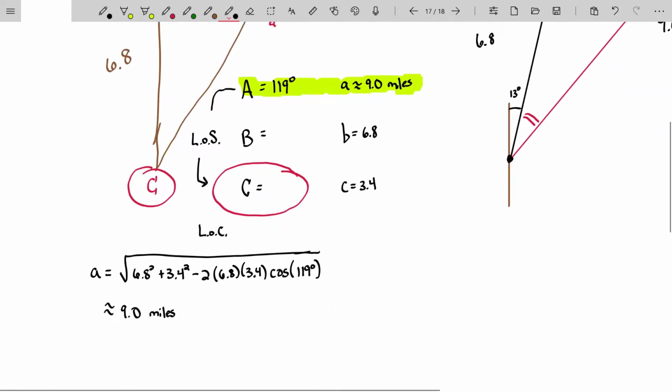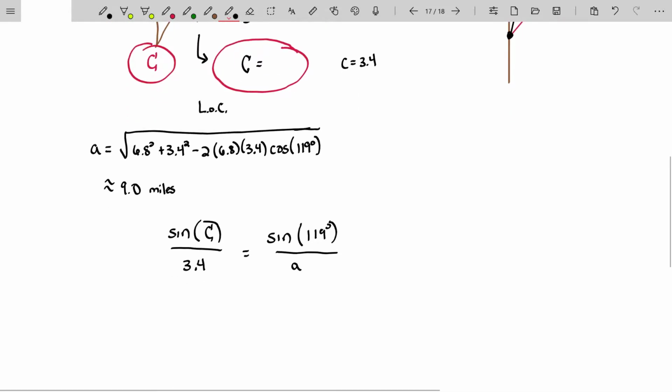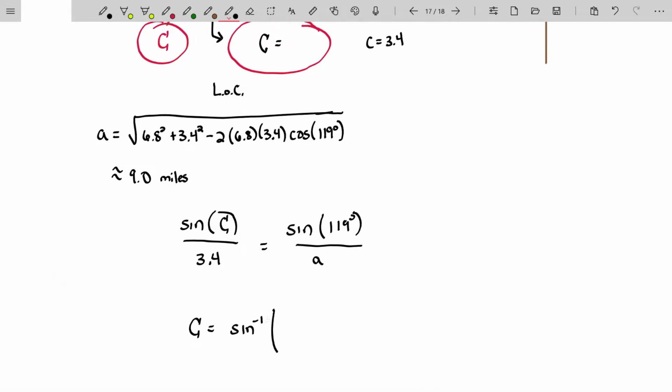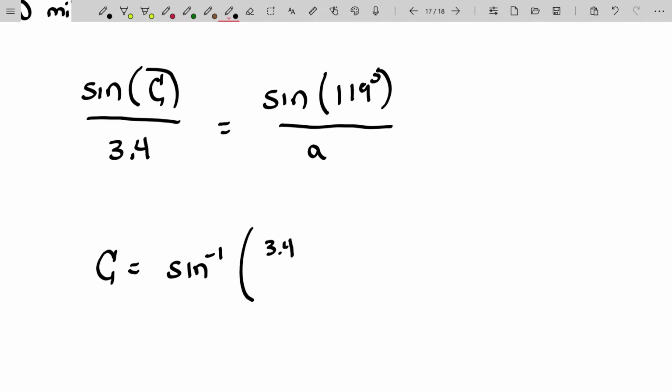All right, let's use law of sines to find angle C. We know that the sine of angle C is to its side as the sine of angle A is to its side A, which I have saved in Desmos. So angle C is equal to the sine inverse of 3.4 times the sine of 119 degrees divided by A. Now I'll hop over to Desmos and finish this out.